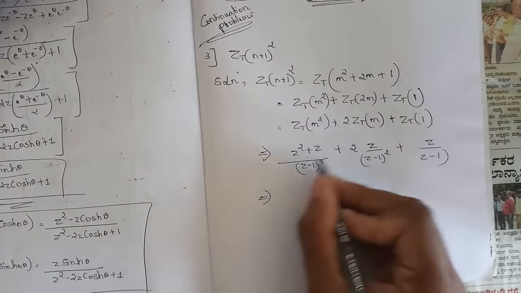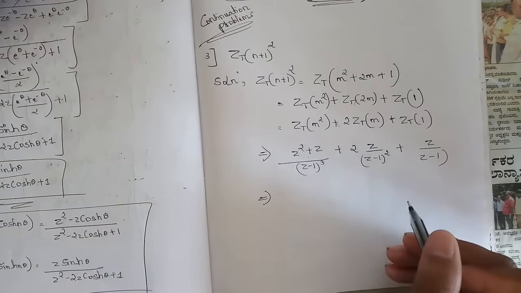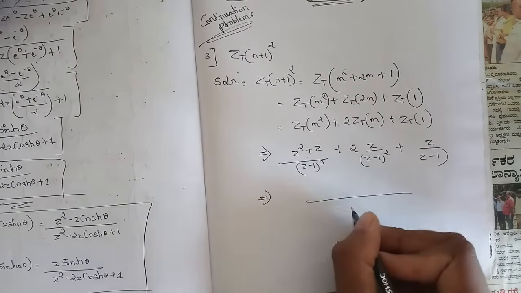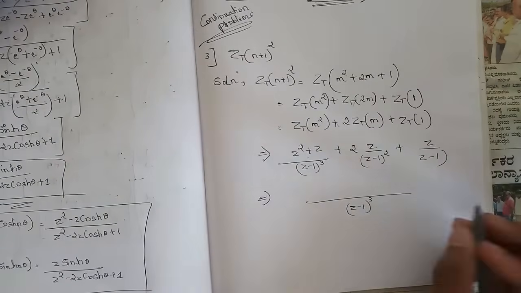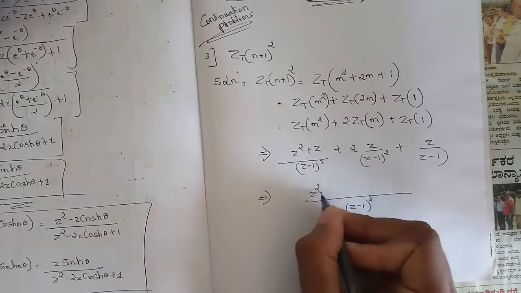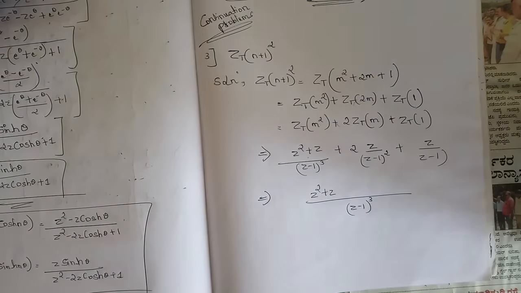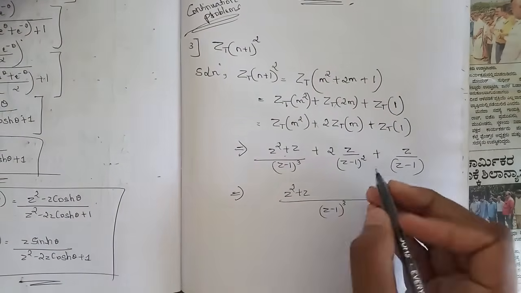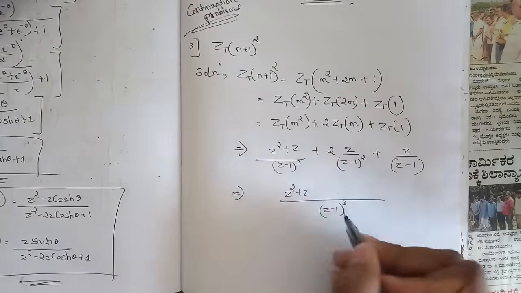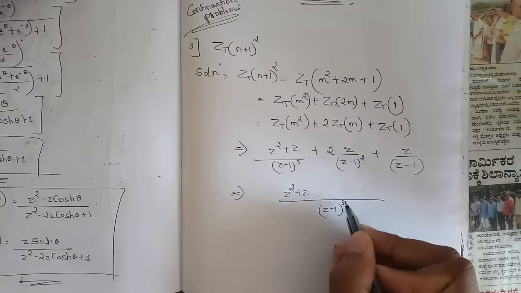Take the highest degree term as the denominator, and by taking the LCM, that is z minus 1 whole cube. So this z square plus z remains as it is. And now here, since there is z minus 1 whole square, we took z minus 1 whole cube outside, right?